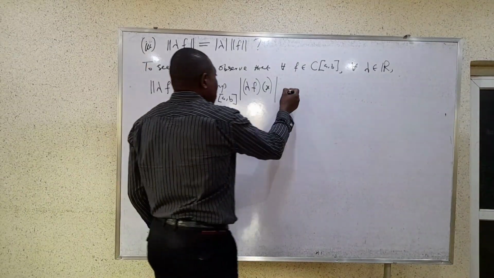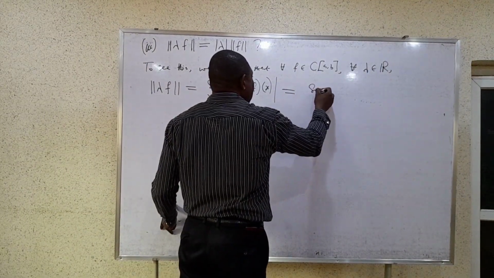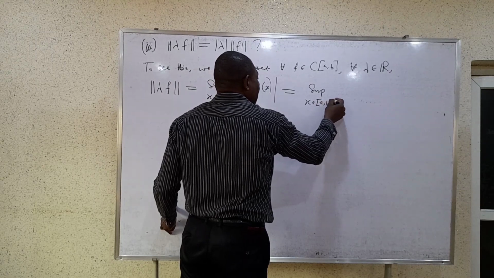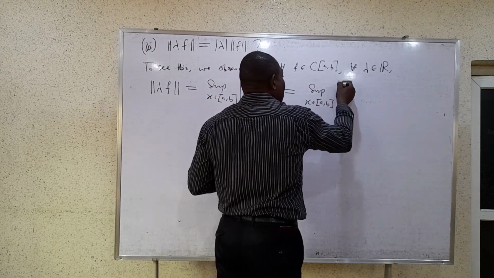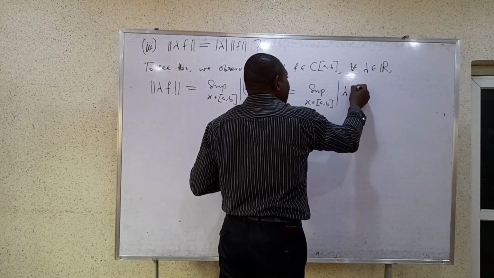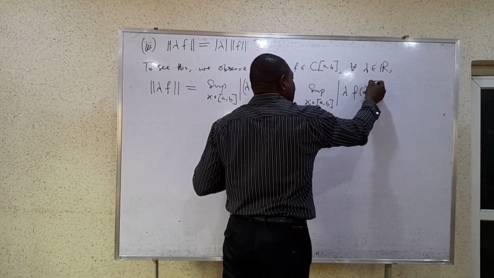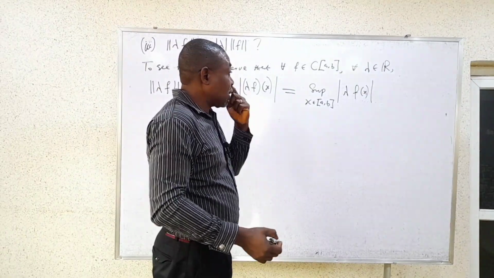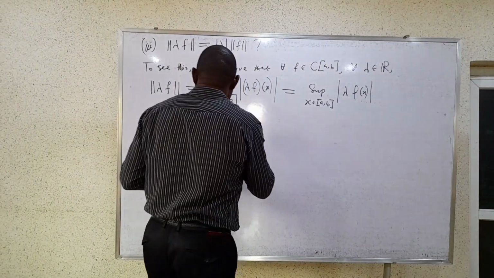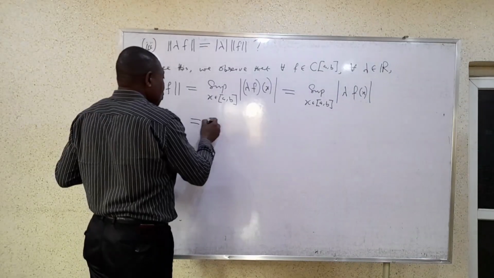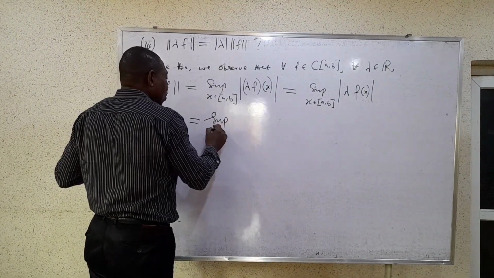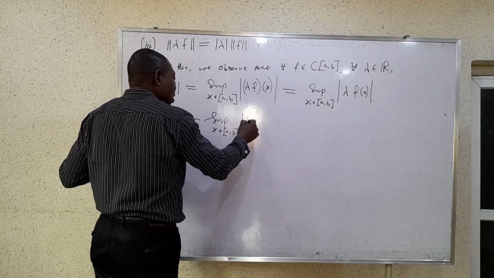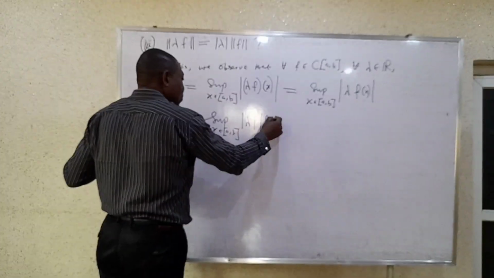Which by our definition is the same thing as the supremum over x in [a,b] of absolute value of lambda f of x. And this is nothing but the supremum over x in [a,b] of absolute value of lambda times absolute value of f of x.